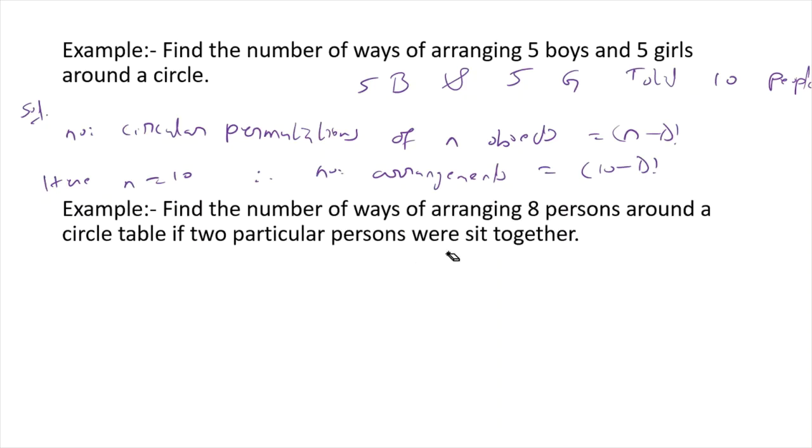Whenever you have this term sitting together or coming together, you have to tie up those objects which are supposed to come together. We have 8 people, 2 want to sit together. So what you can do is tie up these 2.